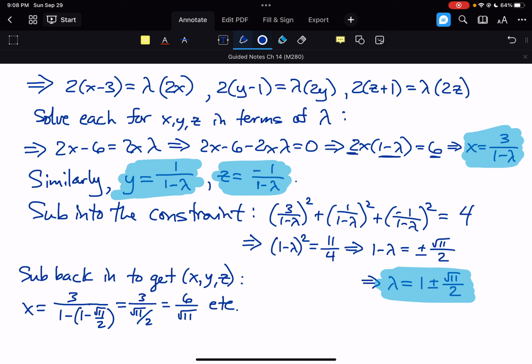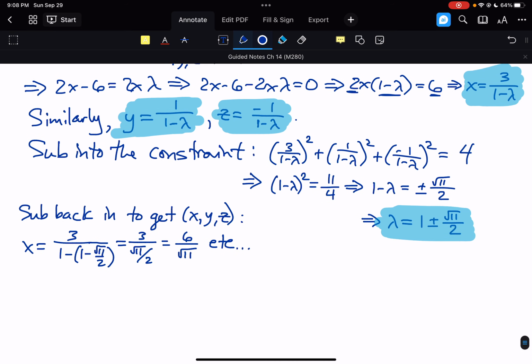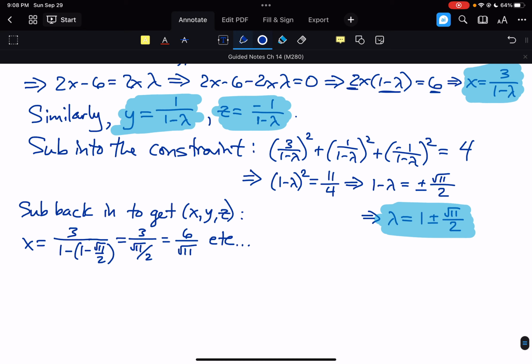Do that for y and z also. So we end up getting the point 6 over rad 11, 2 over rad 11, and negative 2 over rad 11.